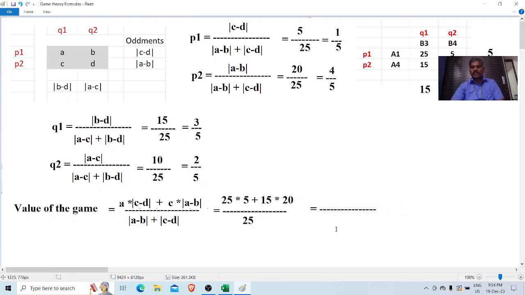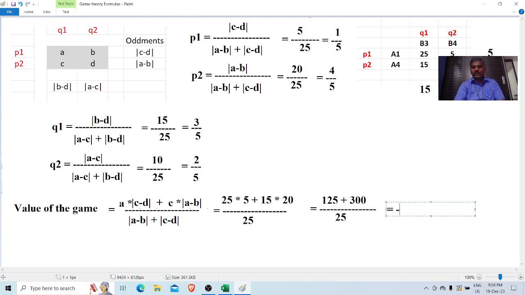The denominator is 25. Numerator: 25 into 5 is 125, plus 15 into 20 is 300.